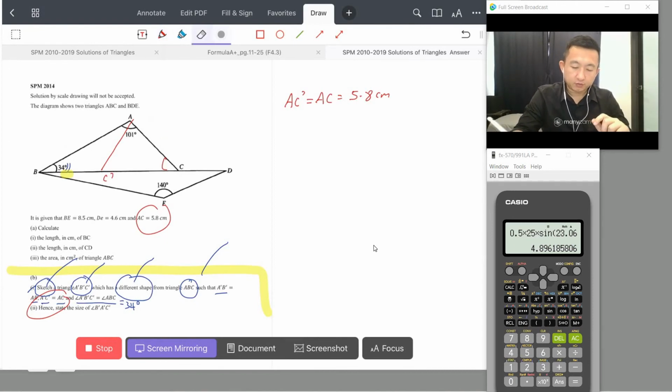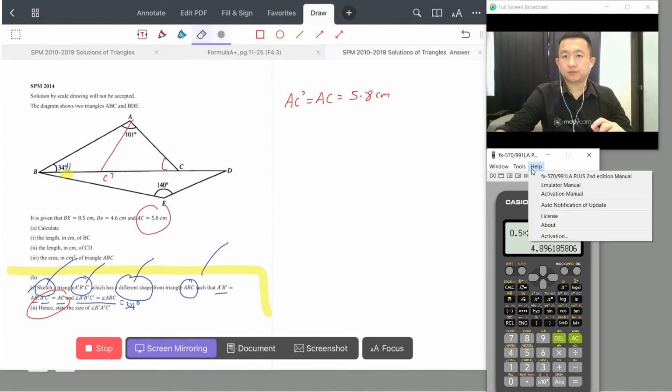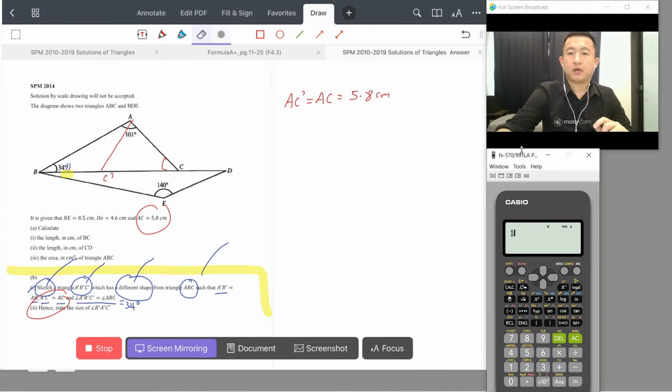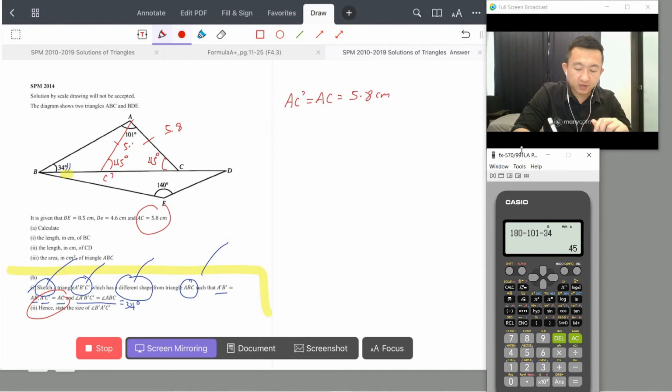This angle would be 180 minus 101. Okay, sum of interior angles, and you should have 45 degrees. This is 45, this will be 45 as well. This is 5.8, this is 5.8. Now this is what you have to know, right? And is there any more? Actually no more. Okay, let's sketch it out.